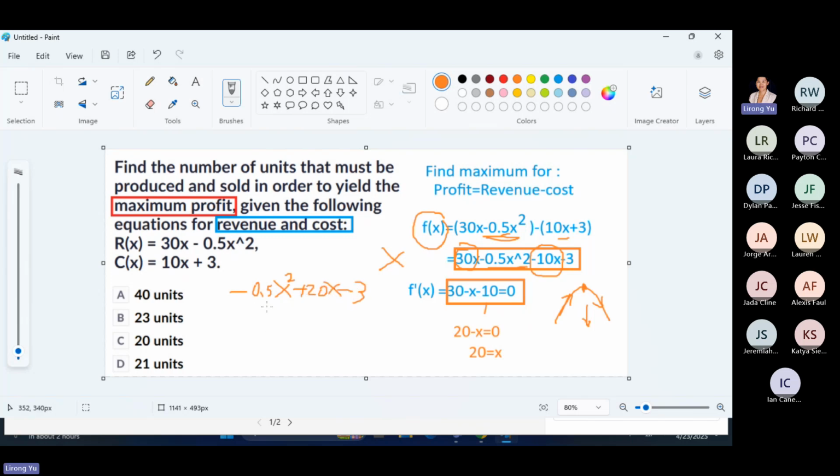So the degree 2 term is the higher degree, which indicates the overall behavior like this. And right here at 20, it reaches the maximum function value. That's the maximum profit if we want to calculate it. But the question wanted to find the number of units, which is why we answer with the x value.